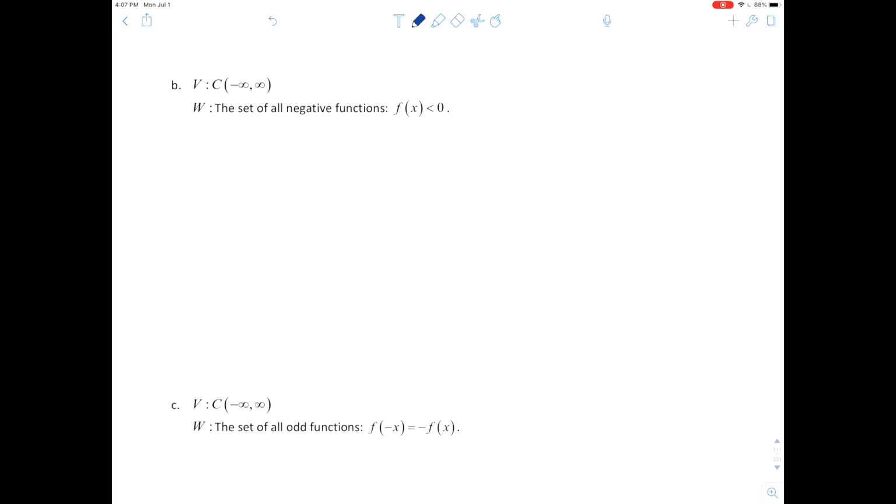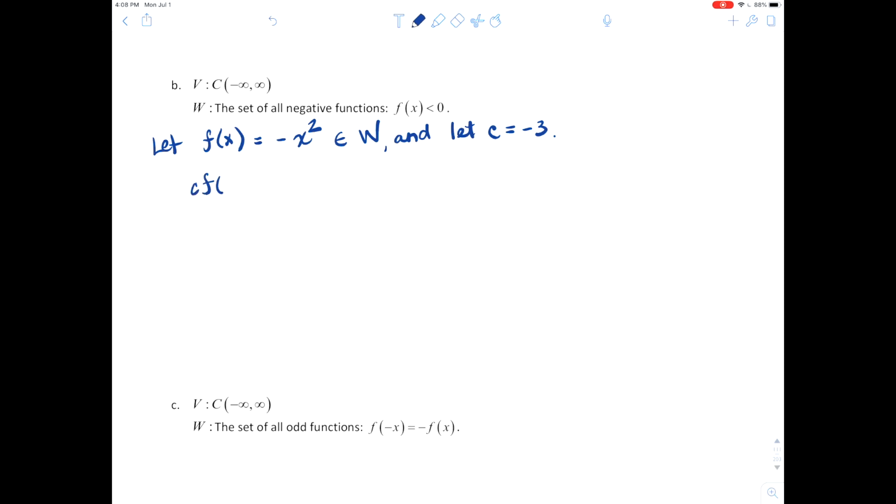So if we let f of x equal negative x squared, would you agree that that belongs to the set W? And we'll let c be equal to negative 3. Cool? What do you think?